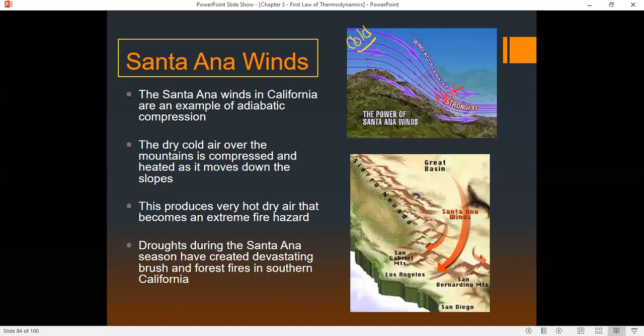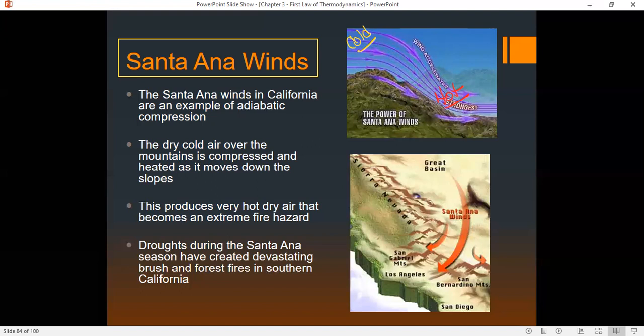Two things are happening here. One, it compresses due to the lower altitude. You're just simply at a higher pressure near the coast than you are on the mountaintops. But also, it is forced to occupy a much smaller airstream, so it's going to accelerate.